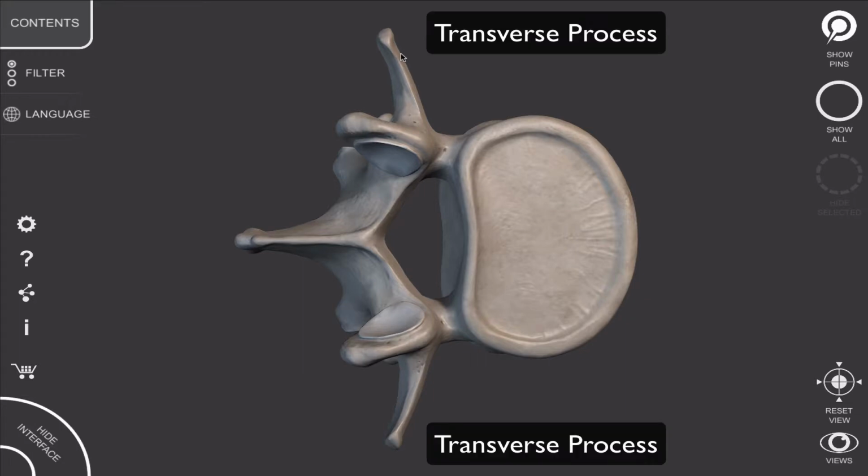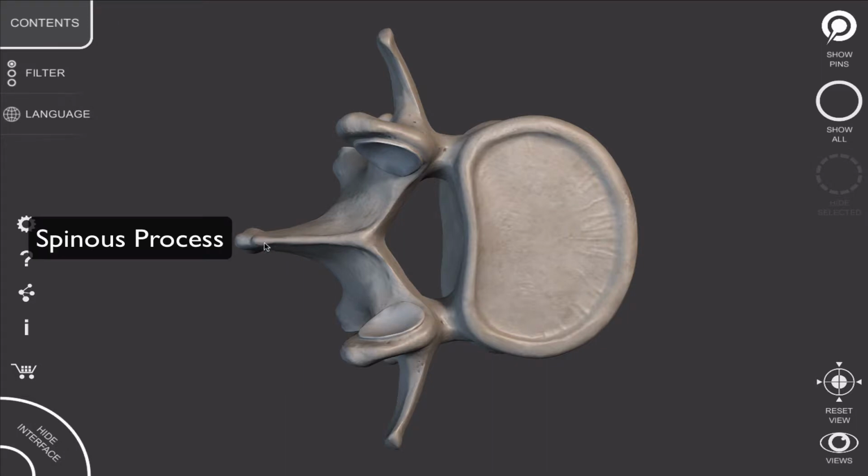These are called transverse processes. And the one that projects straight back is called the spinous process. And these are sites for muscle attachment, muscles of the spine, which will enable us to move our spine in different directions that would enable us to have the flexibility and the movement in our back that we have.